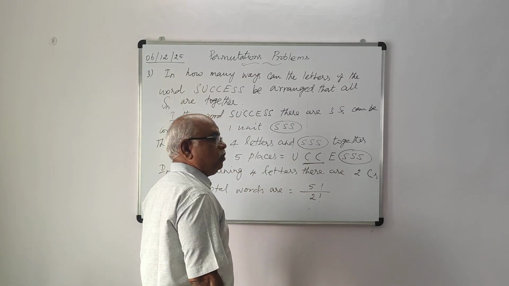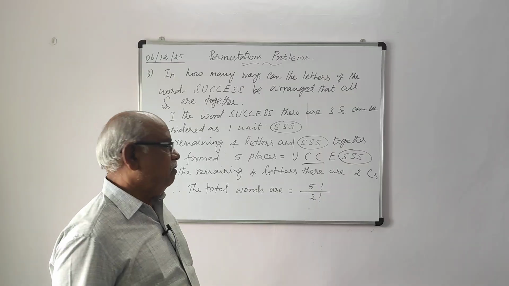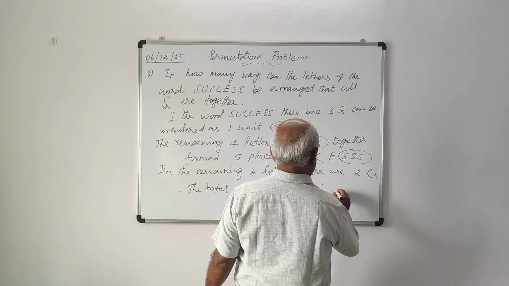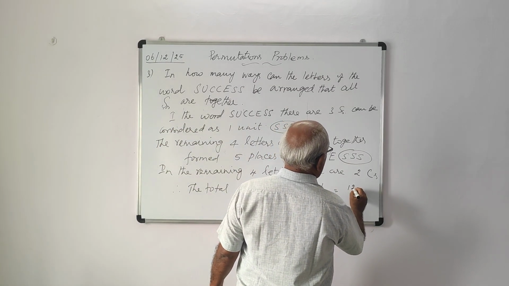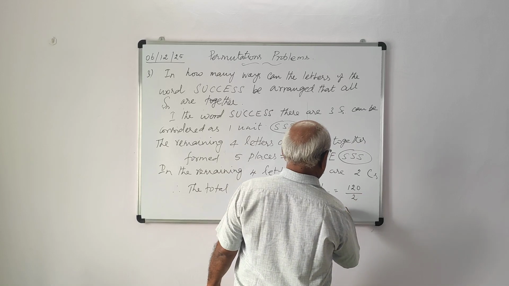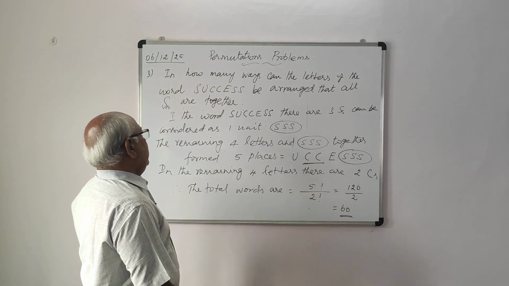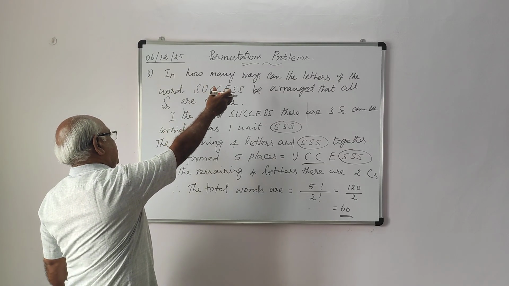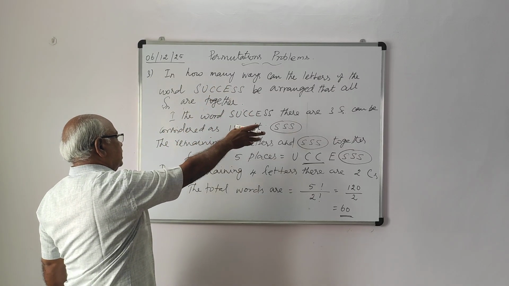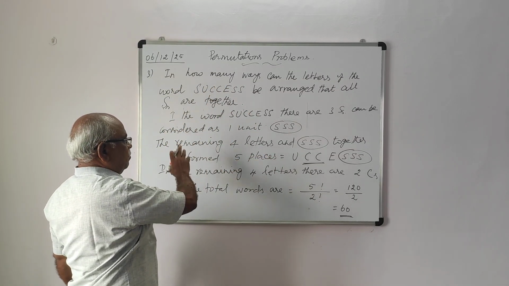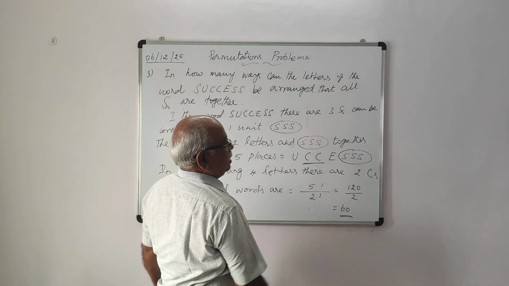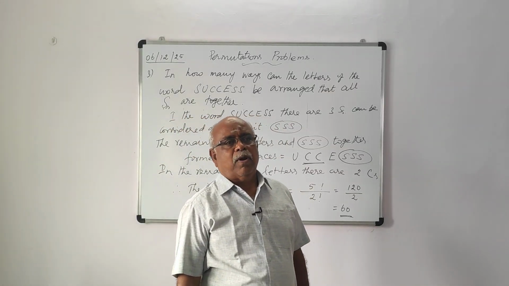Therefore 5 factorial by 2 factorial is the total number of words. 5 factorial is 120, 2 factorial is 2, therefore there are 60 words. From the word success, considering all the 3 S's together, the total number of words formed is 60. That's all about the problem. Okay?